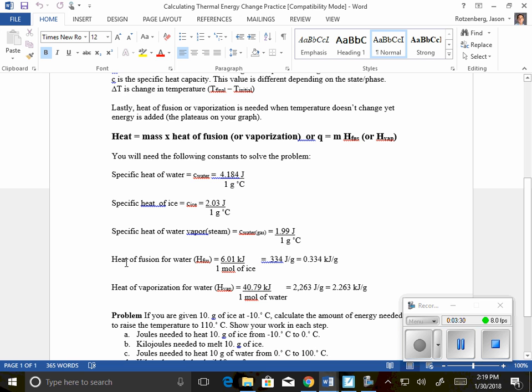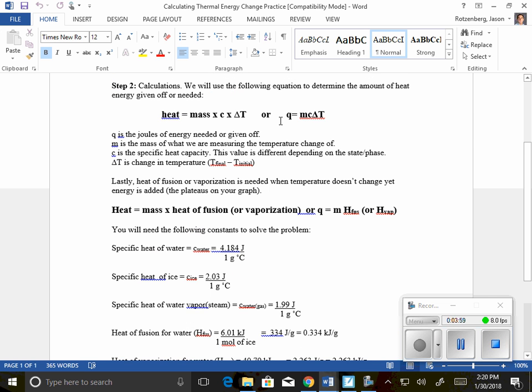Heat of fusion and heat of vaporization were also brought up during the 4 bond types packet last class. Typically, these values are given in kilojoules per mole, 6.01 and 40.79. However, to make life a little bit easier for you, I usually report them in joules per gram. That way you can just multiply the mass times the value to get how many joules were created, instead of having to do a mole conversion.